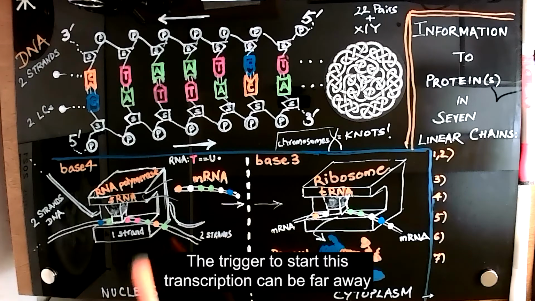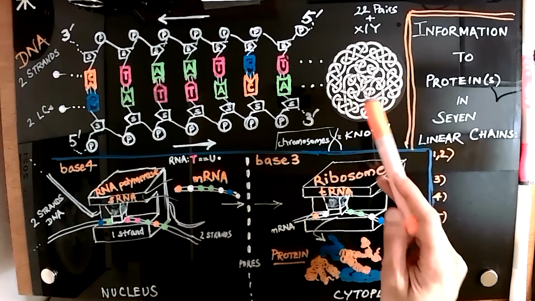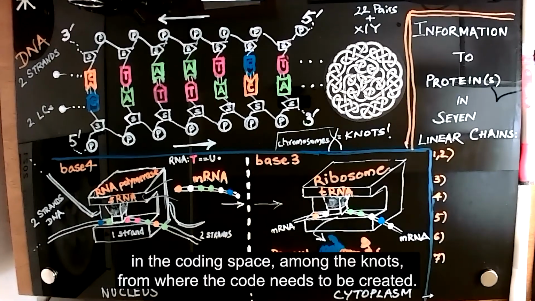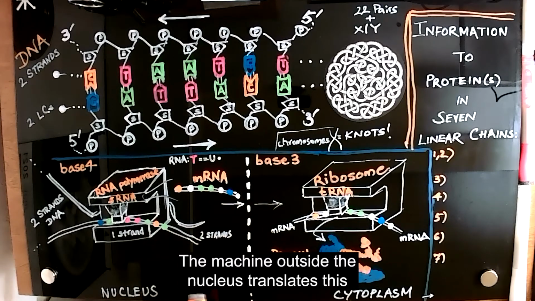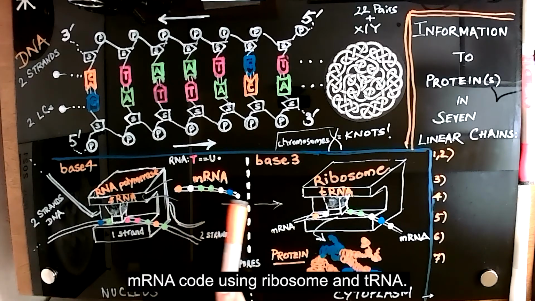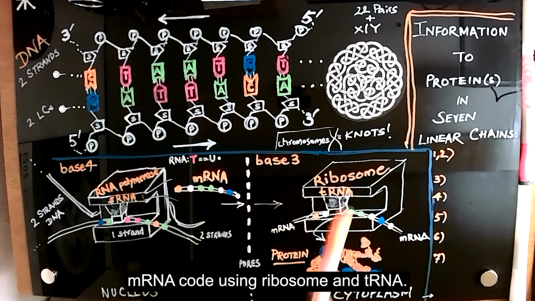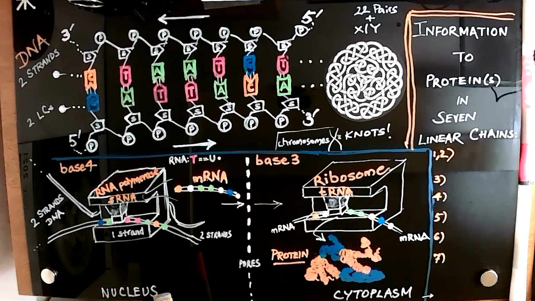The trigger to start this transcription can be far away in the coding space among the knots from where the code needs to be created. The machine outside the nucleus translates this mRNA code using ribosome and tRNA.